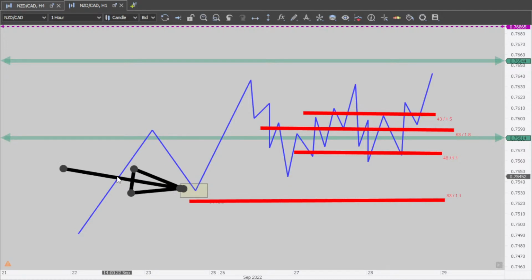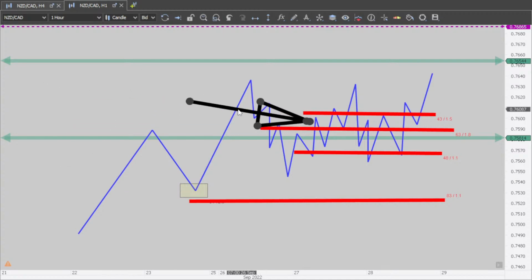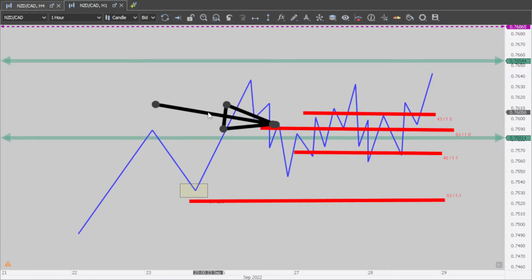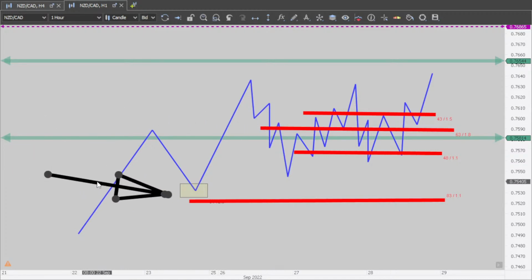Everybody type in the chat, can you understand this? This is a losing game. This is a winning game. This is you educating yourself in the wrong way. This is you educating yourself in the correct way.